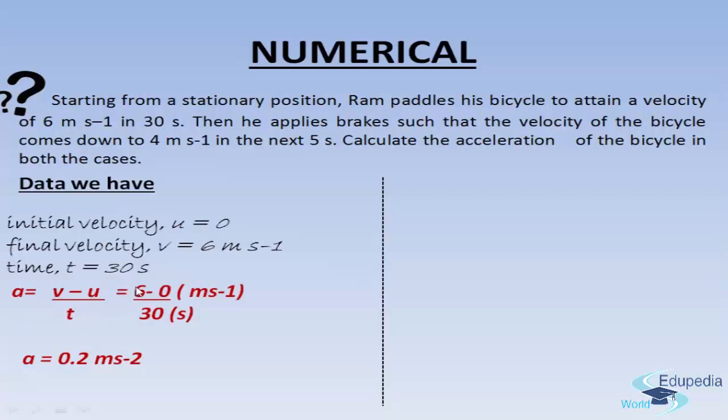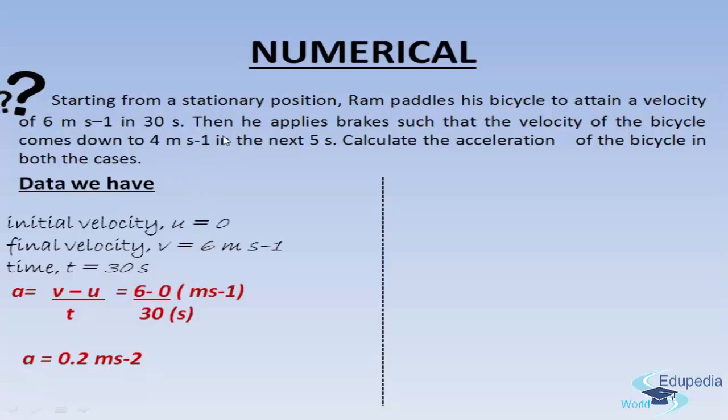In the first case, the final velocity was 6 meters per second, because the cycle started from the stationary position and attained 6 meters per second. So 6 minus 0, because the initial velocity is 0, divided by 30 seconds, gives 0.2 meters per second squared. So the acceleration is positive.